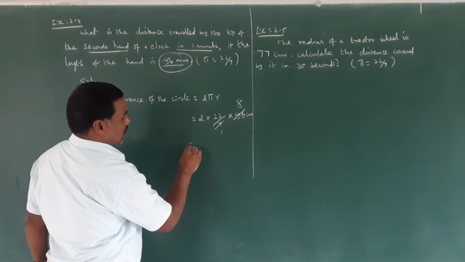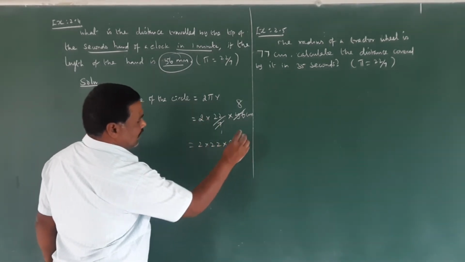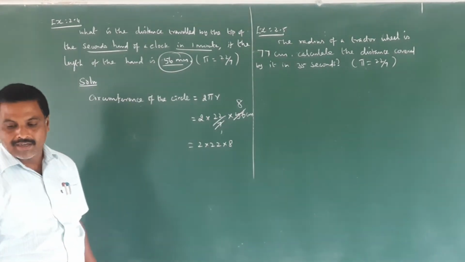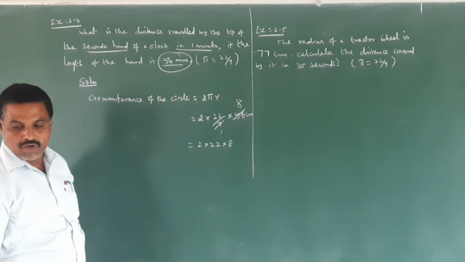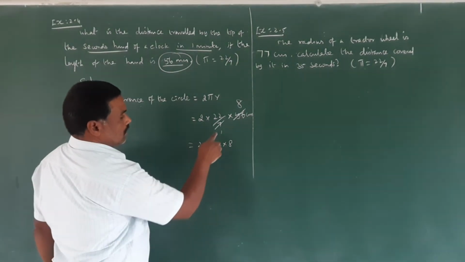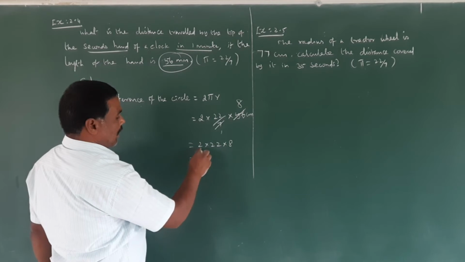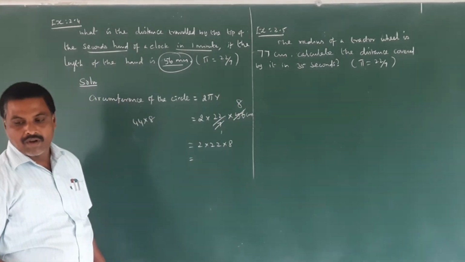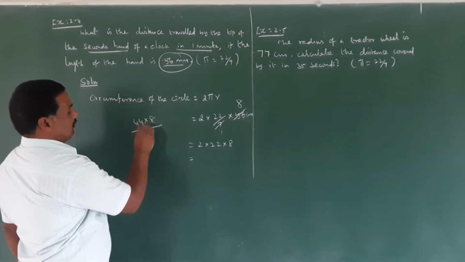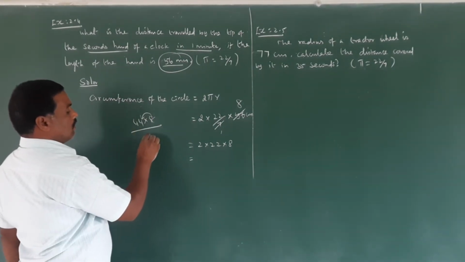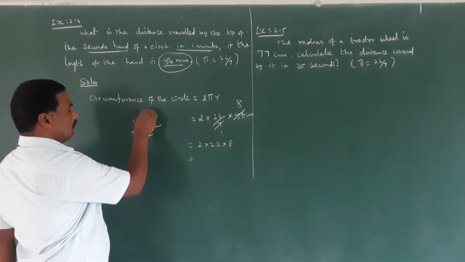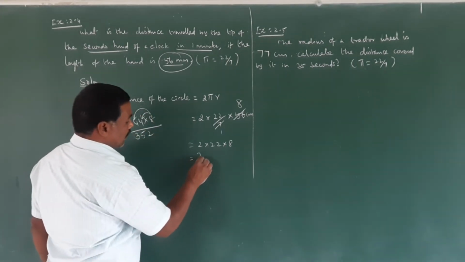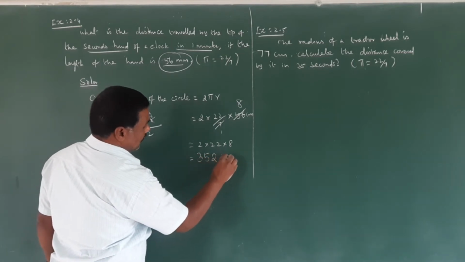Now 2 into 22 into 8. Now you multiply: 2 into 44, 44 into 8. 8 into 4 is 32, remaining 3, 8 into 4 is 32, plus 3 is 35, so 352.